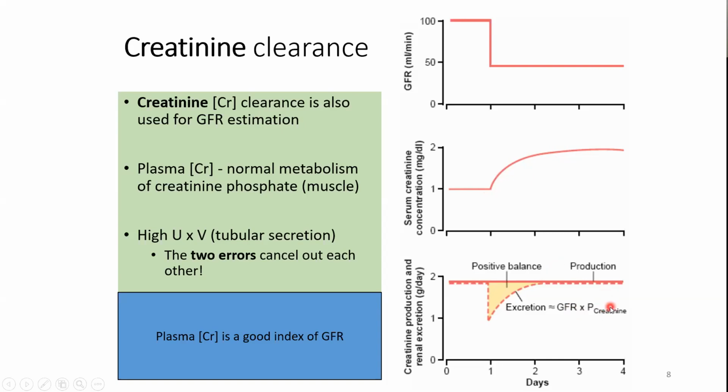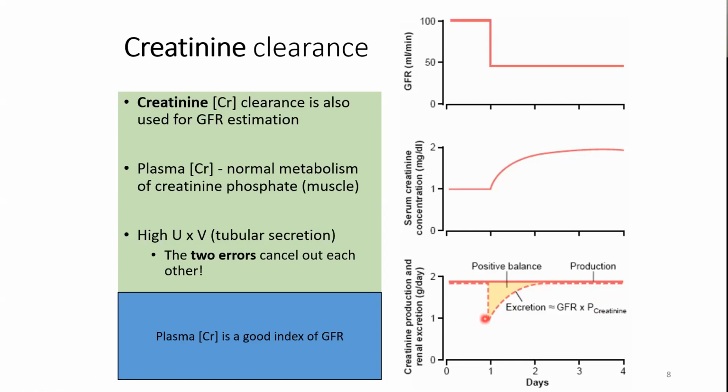But as soon as you hit a 50% decrease in GFR, the concentration of creatinine starts going up. So eventually the excretion would plummet, and then gradually it will improve because of the high plasma creatinine, which causes an increased amount of creatinine being filtered at the glomerulus, increasing in concentration in the tubular fluid and hence getting rid of it in urine.